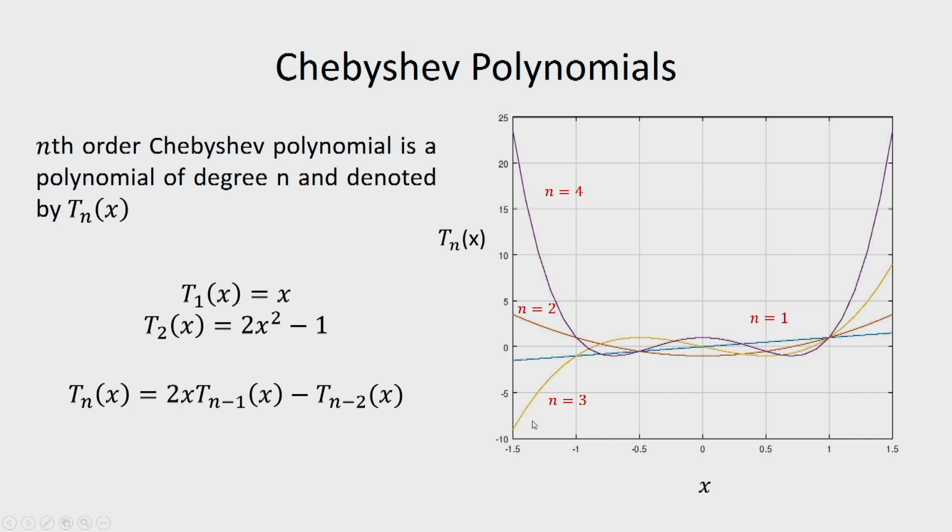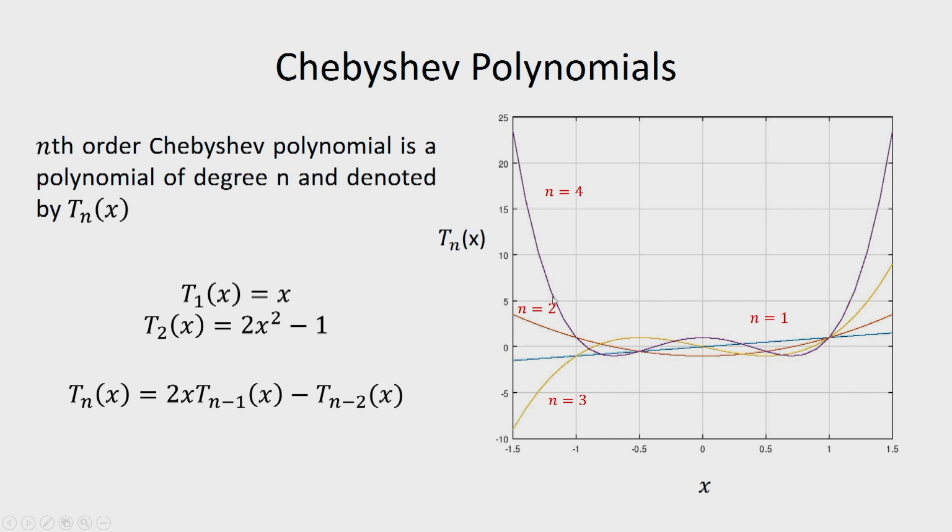Now, the nature of variation of Chebyshev polynomials, some lower order Chebyshev polynomials are shown in this figure. For example, for n is equal to 1, it is a straight line. For n equal to 2, this is the variation. For n is equal to 3, we can see that there is some oscillation.